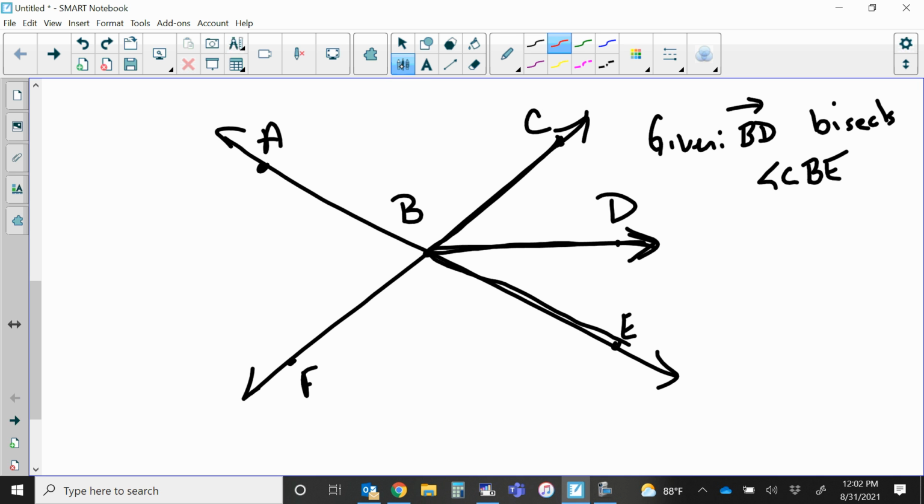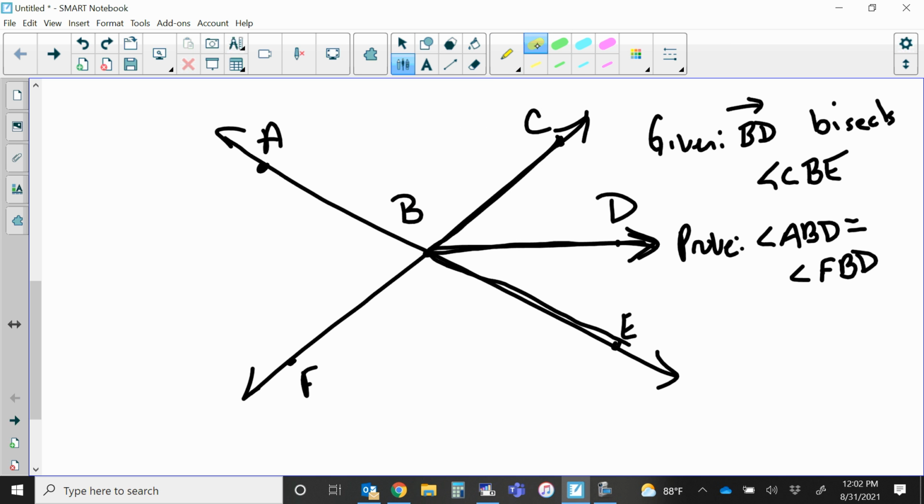What they're going to ask us is to prove that the measure of angle ABD is congruent to the measure of FBD. So right here, I'll highlight this for you.